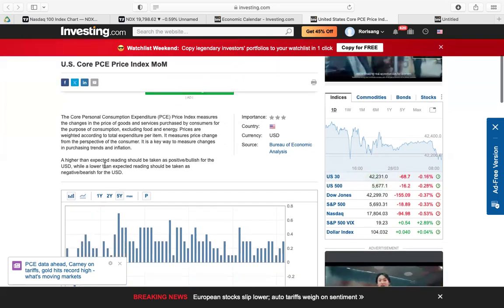It says the higher than expected reading should be taken as positive, bullish. What does this mean? We've been analyzing events together. Is there anyone who can explain this to us? Let me just continue.